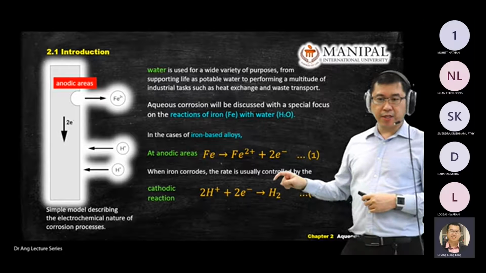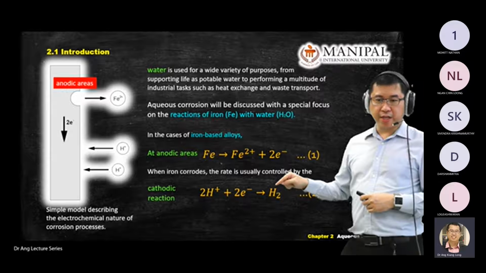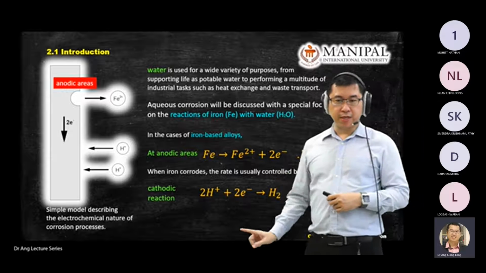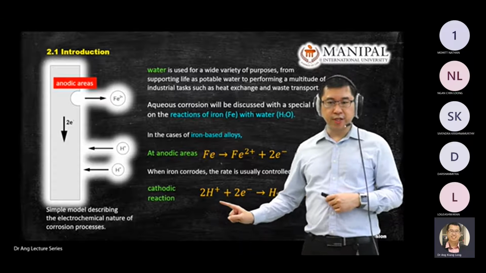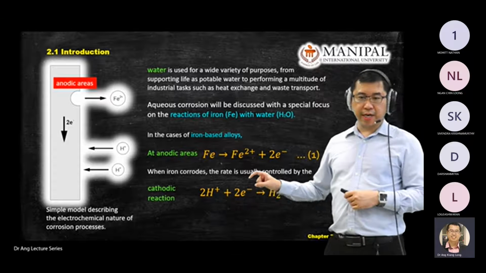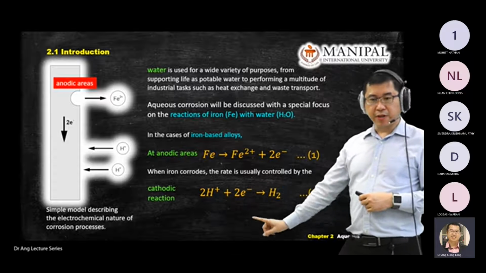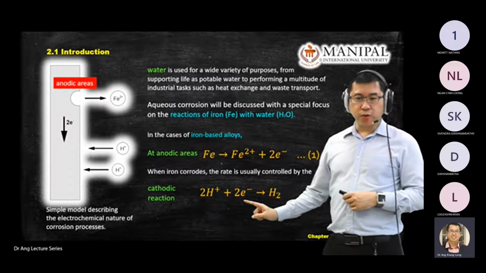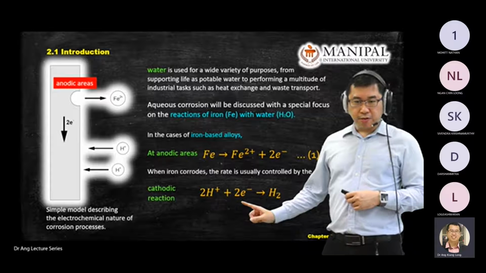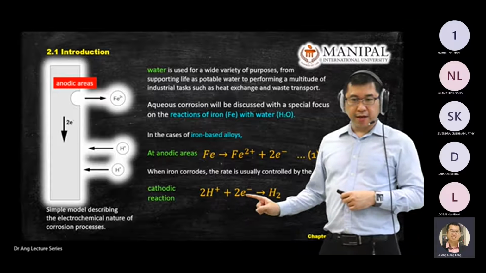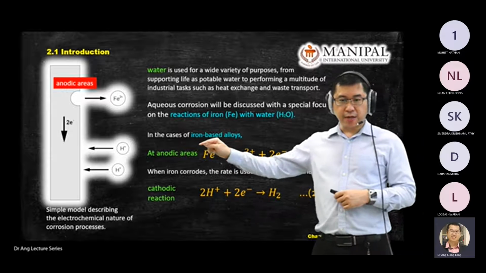How hydrogen is generated in the corrosion process is a combination of the positive charge of hydrogen plus the negative electron. And you have to understand where you get this negative charge. It is not from an external electricity supply, but from the anodic area.